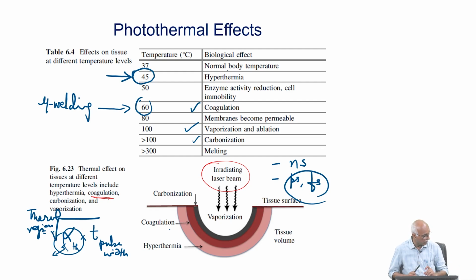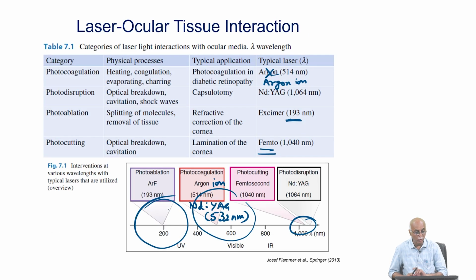And what are the wavelengths which are used? Generally for the photocoagulation process, the temperature should go up to maybe 60, 70 degrees centigrade. So it is only the heating effect which comes into the picture, and very little evaporation.